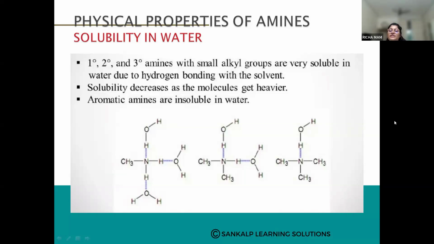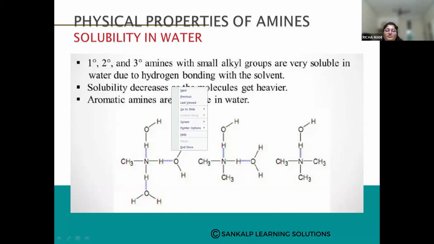This intermolecular association is more in primary than in secondary amines. But in tertiary amines, due to the absence of hydrogen, there is no intermolecular association. So the boiling point of amines is: primary is greater than secondary, which is greater than tertiary.